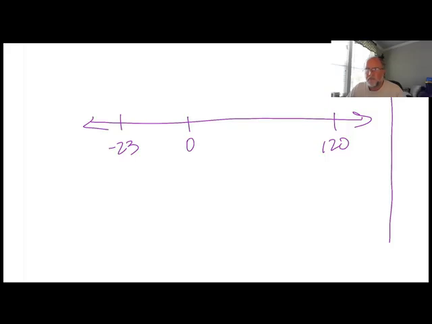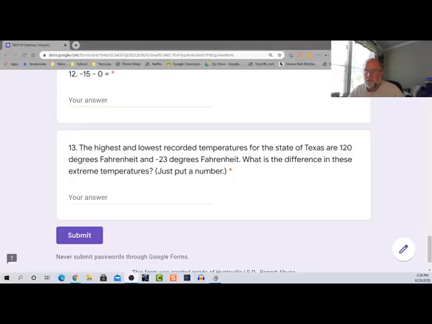I'm trying to find the difference between those, or in other words, difference means the distance between them. If I'm going from 120 back to 0, that's 120 degrees. But then I've also got to go 23 more because I go to the other side of 0, because that number is negative.